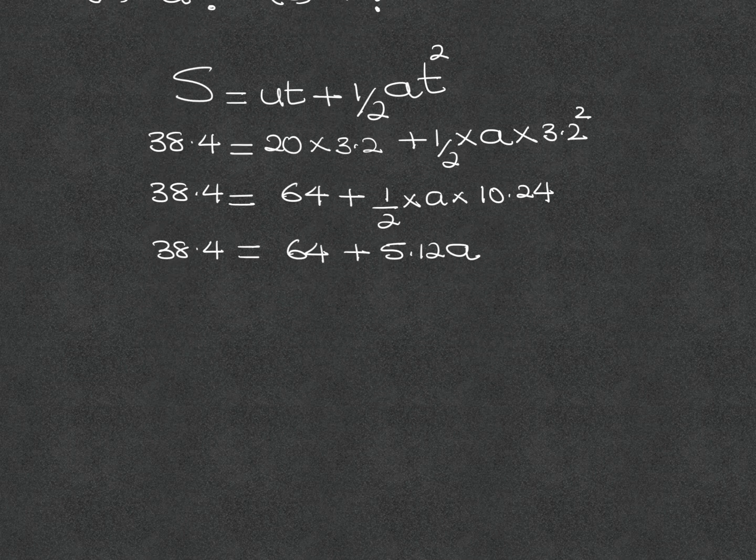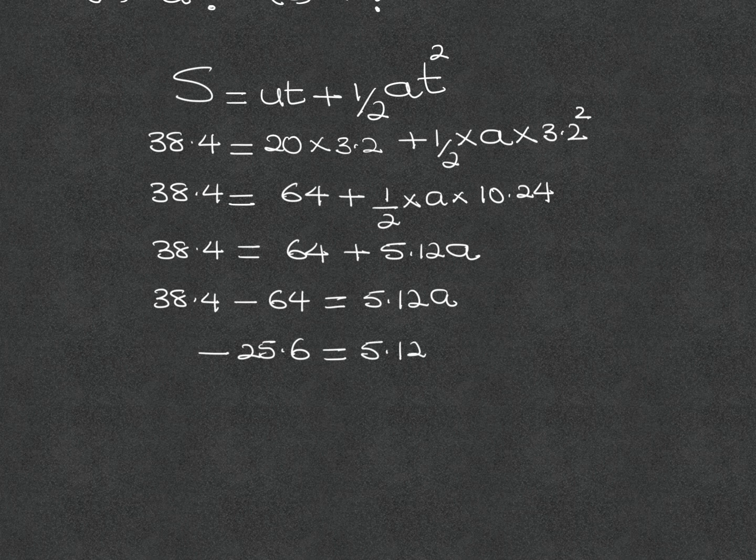To collect like terms, we'll have 38.4 minus 64 is equal to 5.12a. 38.4 minus 64 is minus 25.6. That is equal to 5.12a. So if we want to find a, we divide both sides by 5.12.